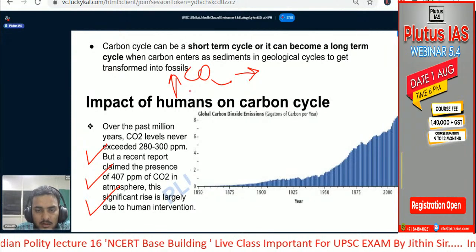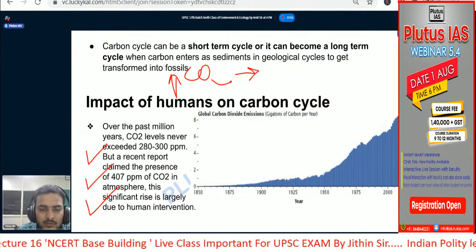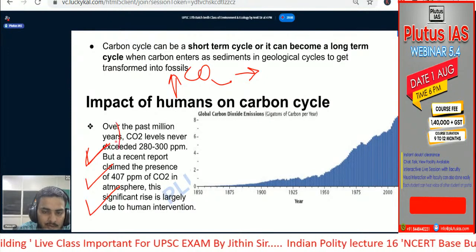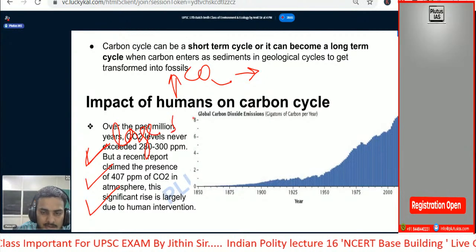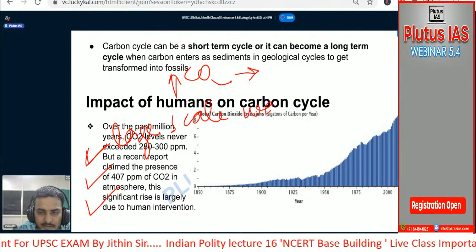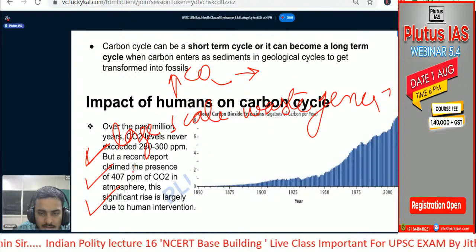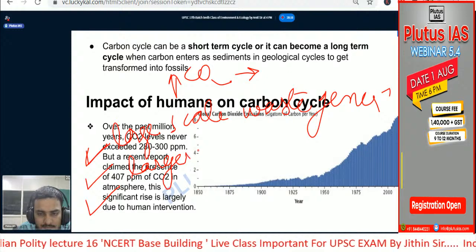So you can write these points under impacts of humans: large scale waste generation, then larger emissions.